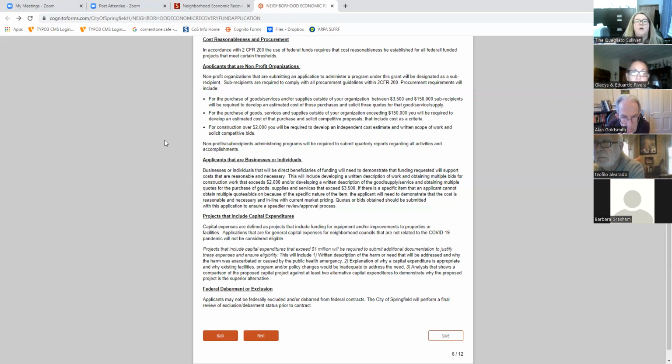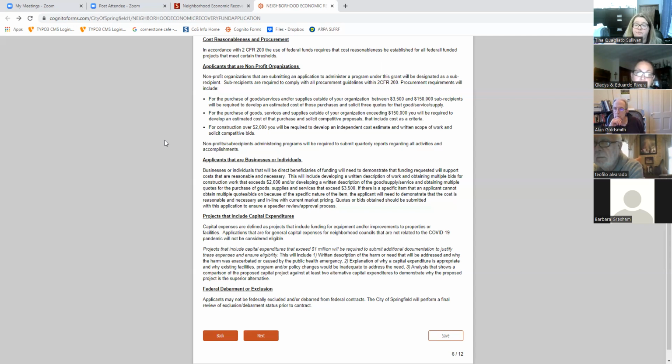Okay. Now, if you're an applicant that is a business or an individual, the requirements are a little different. The procurement requirements don't flow down quite as strictly, but you still need to demonstrate cost reasonableness and that the costs that you're submitting are both reasonable and necessary.